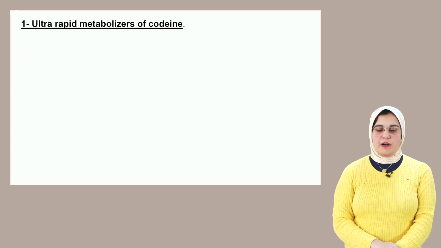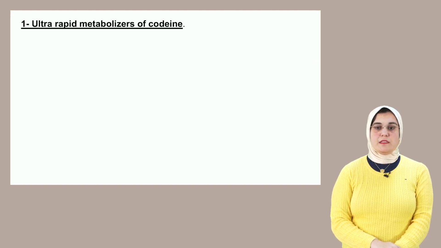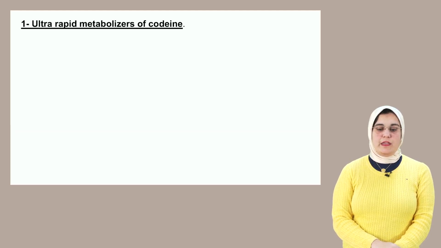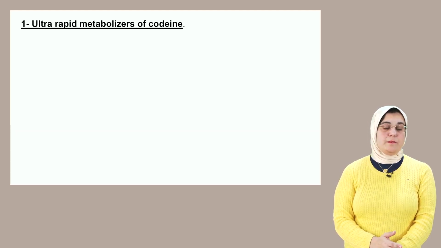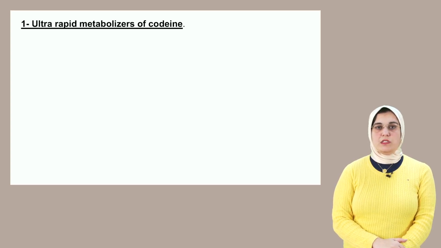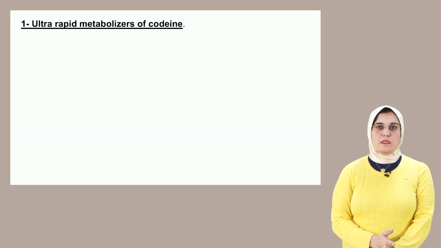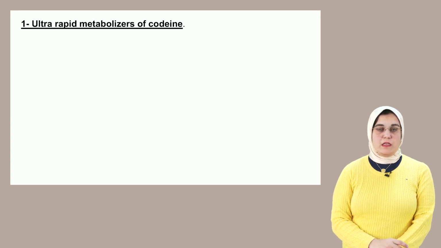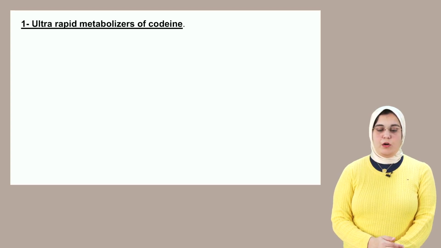First, it's the ultra-rapid metabolizers of codeine situation. Before going into this case, I would like to simply explain. If you know medical terminology, you can easily understand the meaning of ultra-rapid metabolizers of codeine. Ultra always means the best or the fastest. Rapid also means quick.